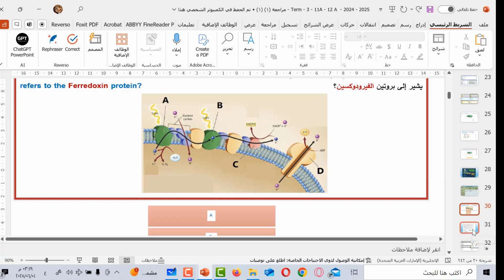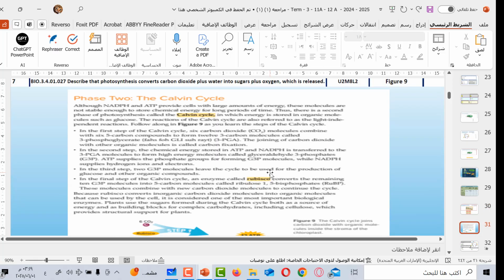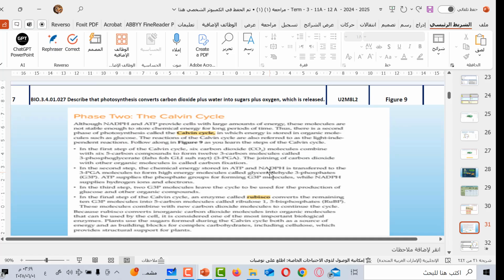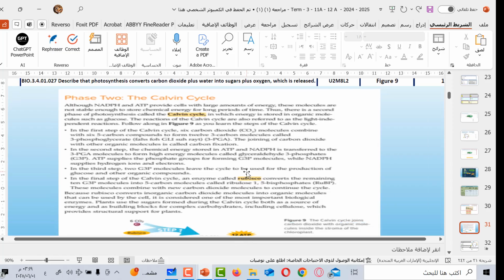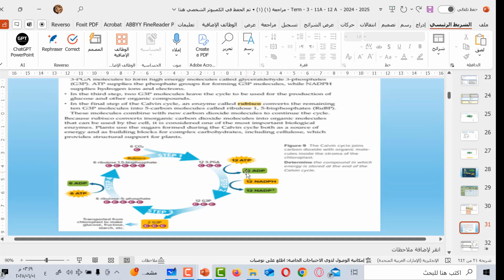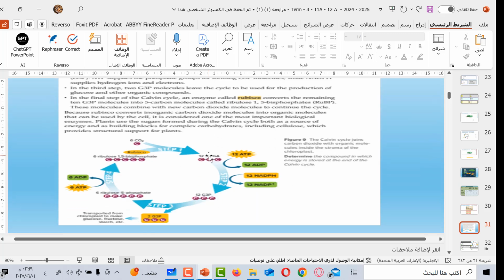Okay, let's see. There is a question here about figure 9 in page 187. This is called the Calvin cycle. The Calvin cycle is called another name, light independent reaction, because it does not use light.